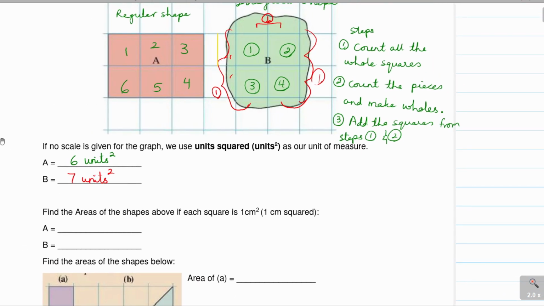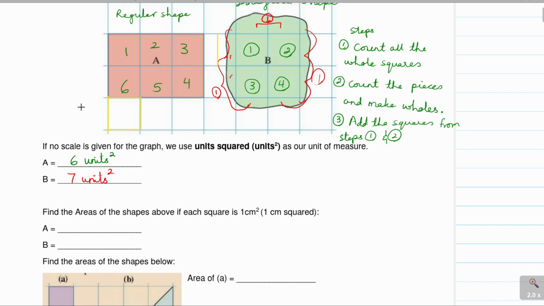Okay, so here in this section, let's give each square an area of 1 centimeter squared. So what this means is that the area of these little squares here on your graph paper, use one here, right? This little one here.